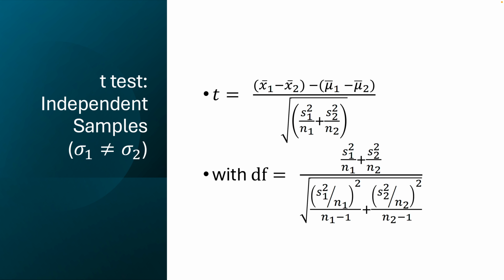Sometimes, from a practical point of view, instead of using this formula to compute the complicated degrees of freedom, we may assume the minimum of n1 minus 1 and n2 minus 1 as the degrees of freedom. That's a common practice.